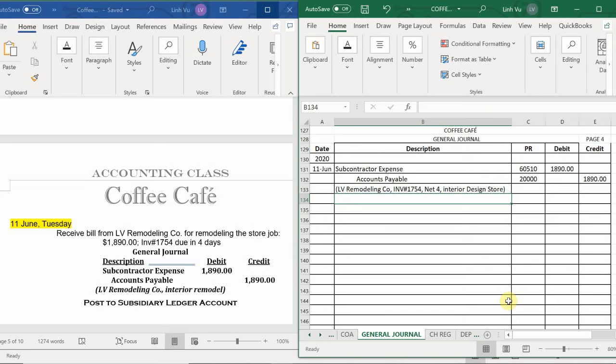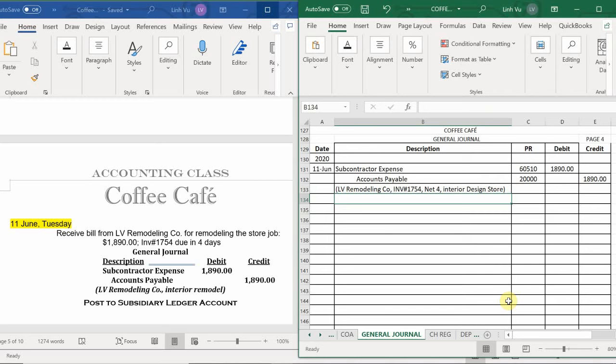It's usually mainly for purchasing inventory. But in this case, I just want you to practice that we can also use purchase orders to purchase fixed assets as well.